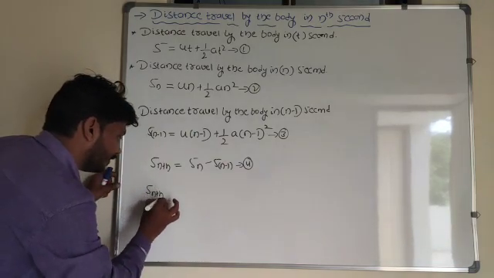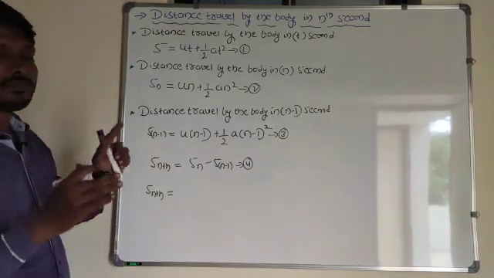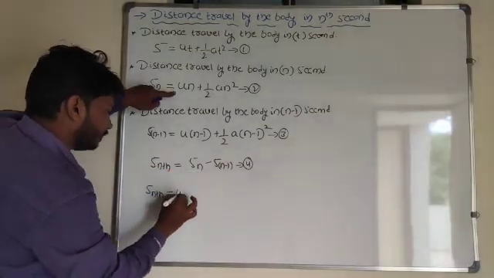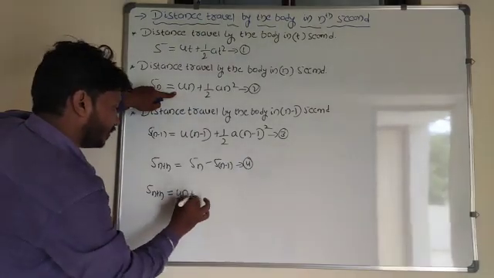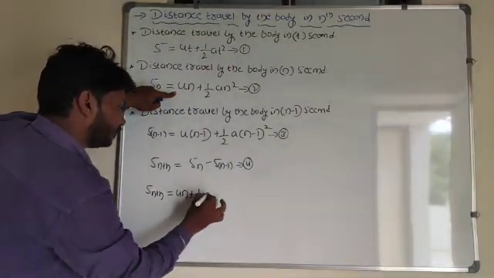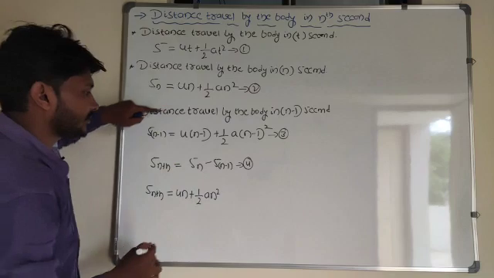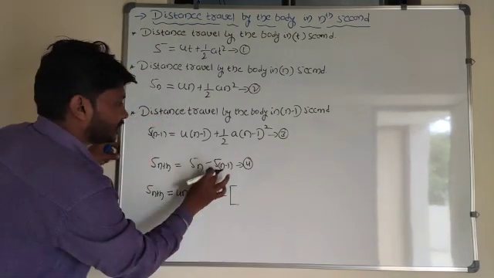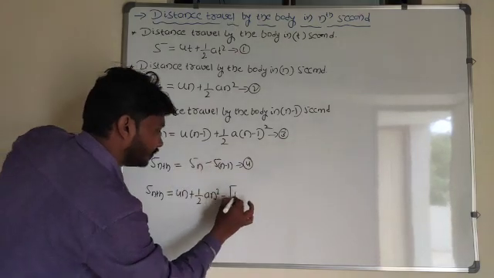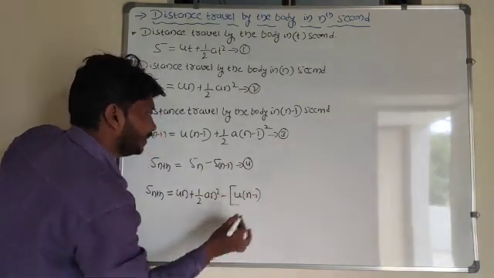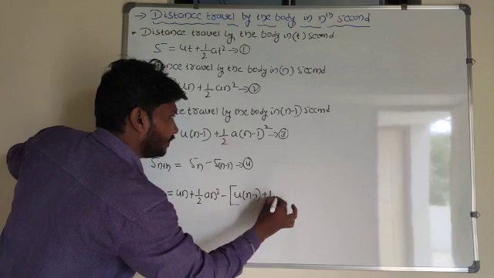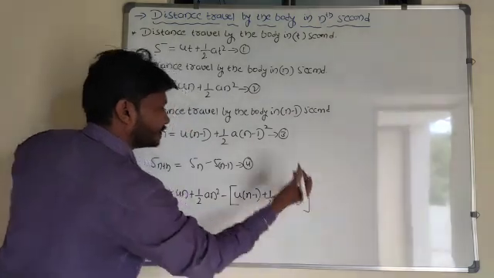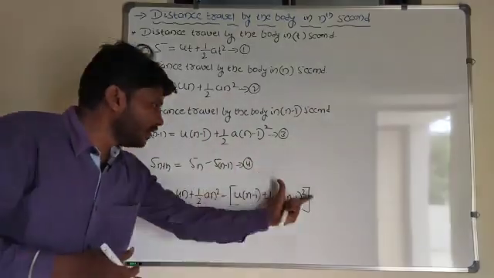Look here, the distance traveled by the body in the nth second, where s of n is u into n plus half of a into n square here, minus s of n minus 1. So look here, u into n minus 1 plus half of a into n minus 1 whole square. I will simplify these terms.